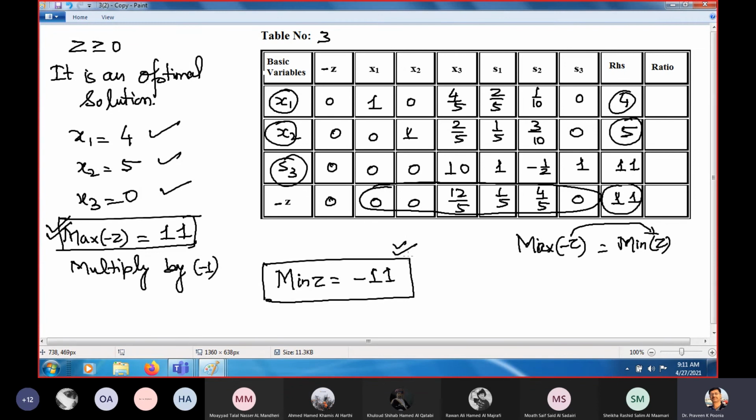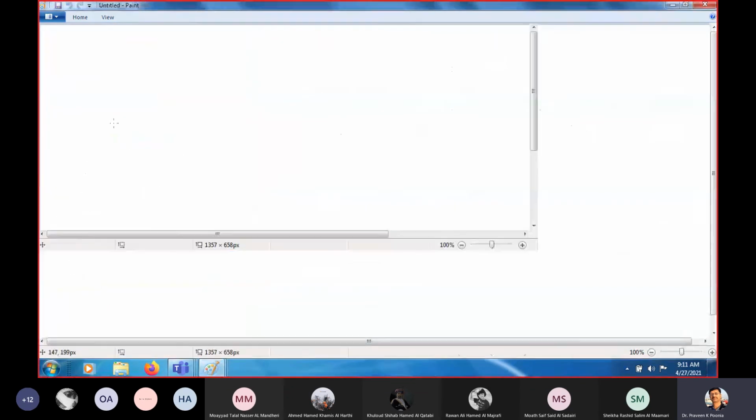So the process is the same to solve the minimization problem, but there is a little difference. You need to multiply by negative and then you can solve the question.